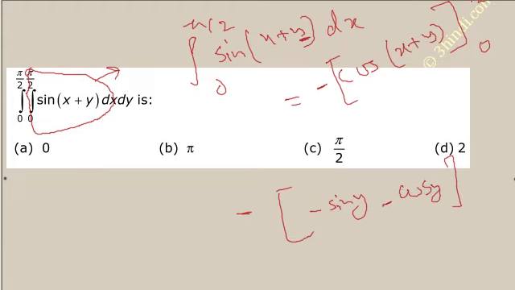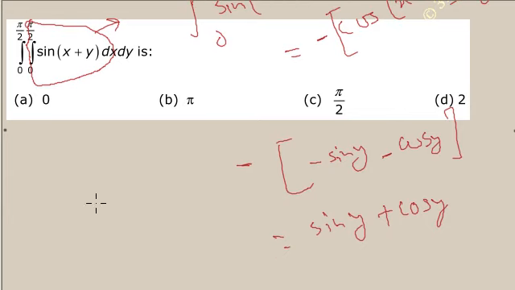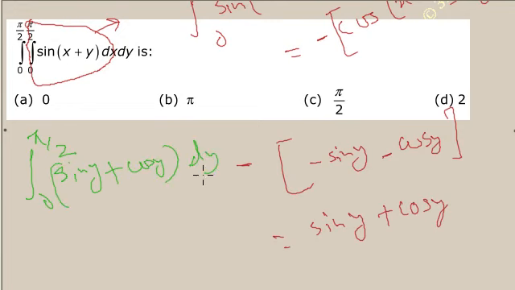So this half becomes sine y plus cos y. If you put it here, you will get the integration from 0 to pi by 2 of sine y plus cos y dy.